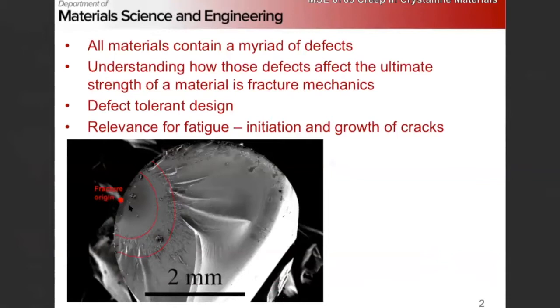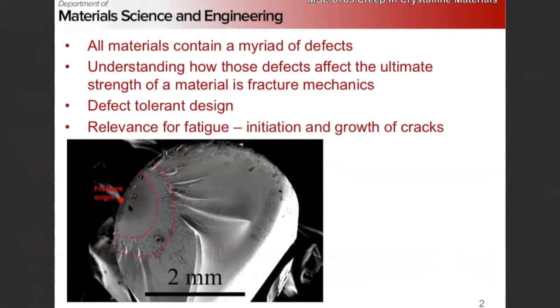So we'll start from the premise that all materials contain a myriad of defects at multiple length scales. Understanding how these defects affect the ultimate strength of the, I don't want to say material, that's probably a poor choice of word, affect the ultimate strength of your component is fracture mechanics.